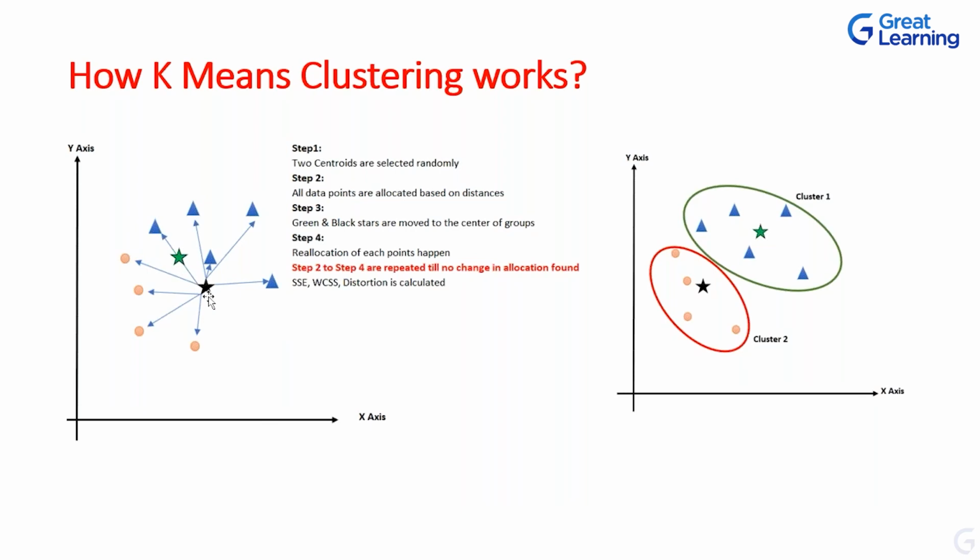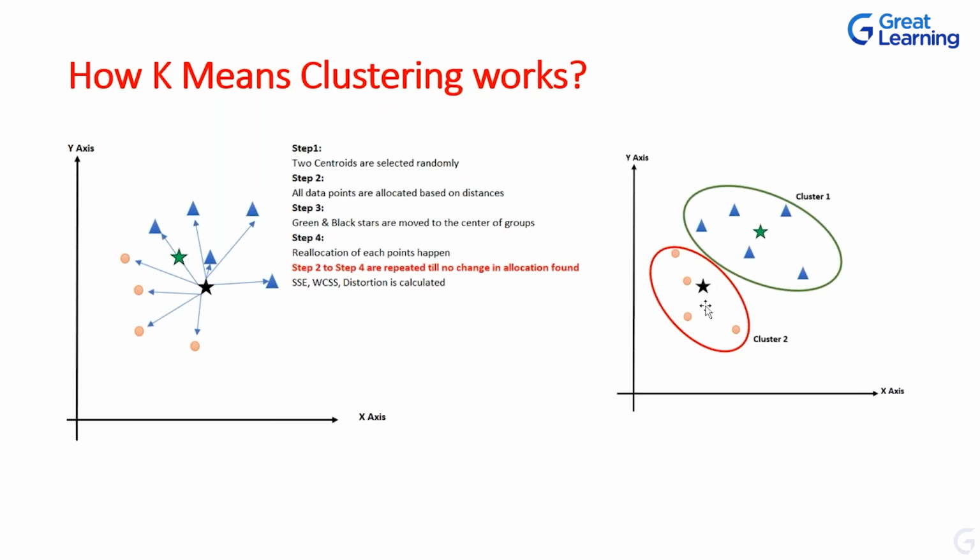So green star, black star, and then allocation of each point starts happening. Say this point is closer to this, so it will be allocated to this. This point is closer to this, so this data point will be allocated to this. Once allocation is done, then this green star and black star are shifted to the centers of the newly formed groups.